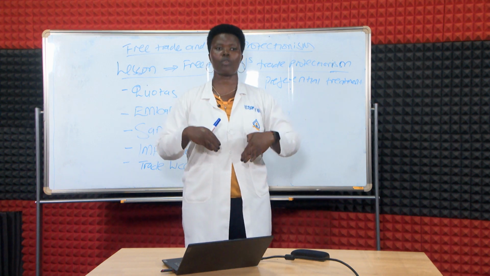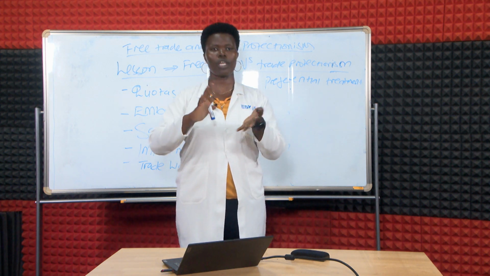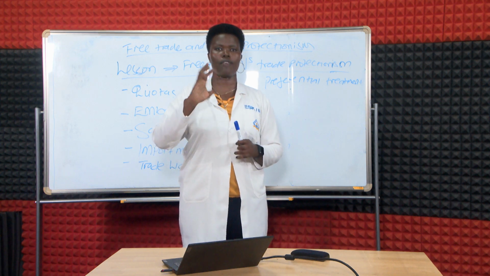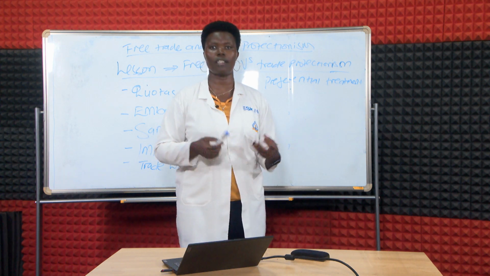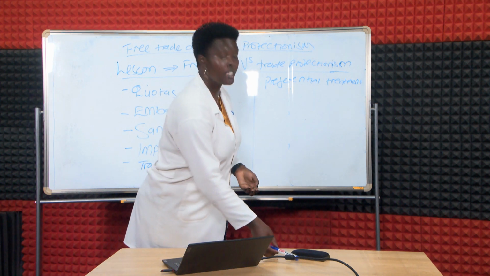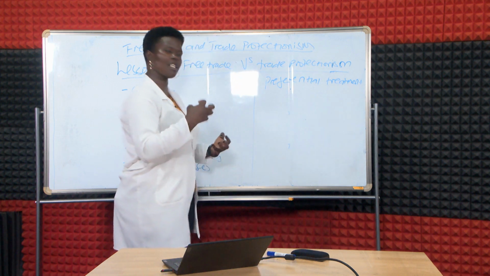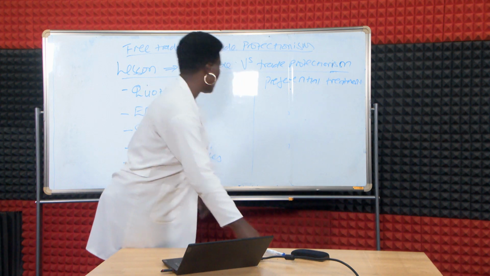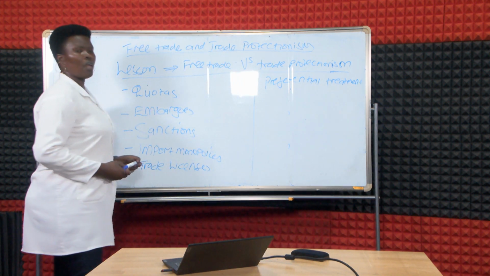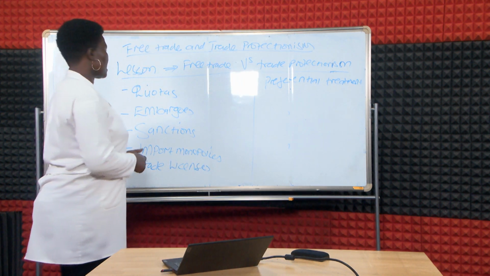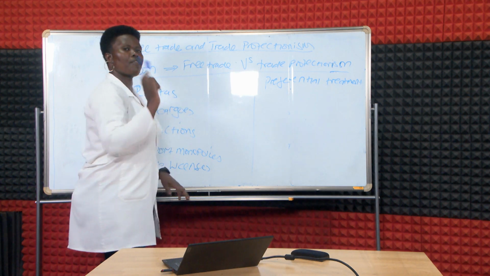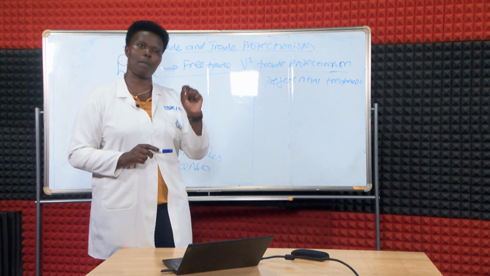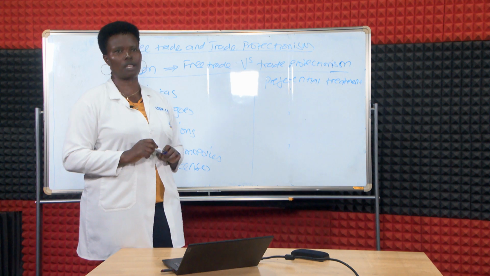If we have a crew of these, then as we read widely via the textbooks that we normally have and the REB e-learning platform, we should be able to understand as long as we have understood what trade protectionism itself is. Now let's start with a quota. When we talk of a quota, this is a limit on the physical quantities that should be imported or exported outside the country.